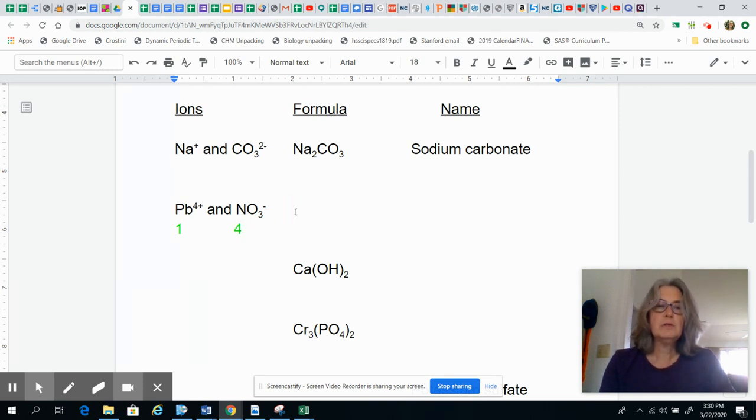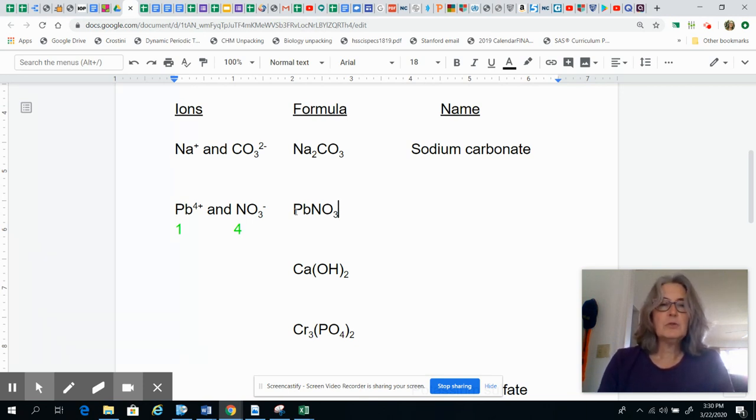So how are we going to write this formula? 1 lead, Pb. Now, if we have more than 1 of a polyatomic ion, we're going to put parentheses around it. Look, we have NO3, and we want to have 4 of those things.